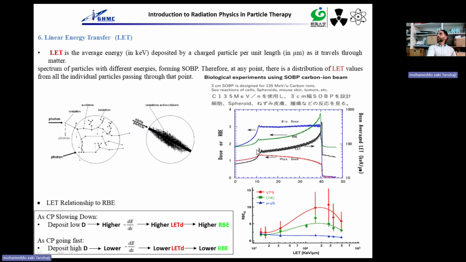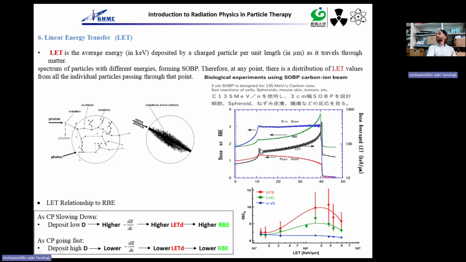When they are traveling along the path and depositing energy, they interact through excitation or ionization, or sometimes slowing down, multiple Coulomb scattering, or sometimes nuclear interaction. And all those together make the LET have different values along the path, fluctuating.